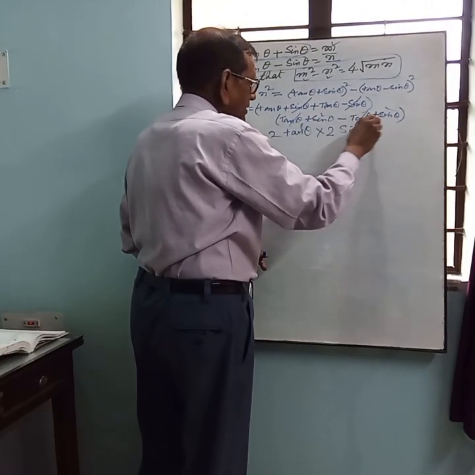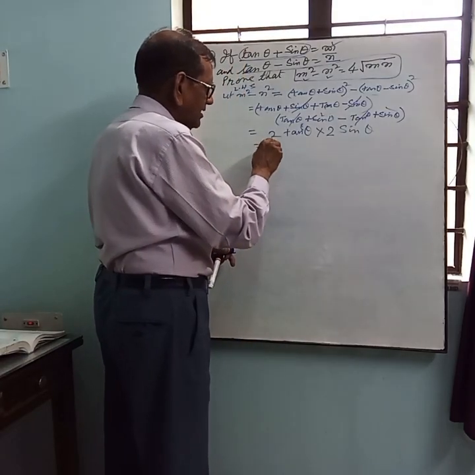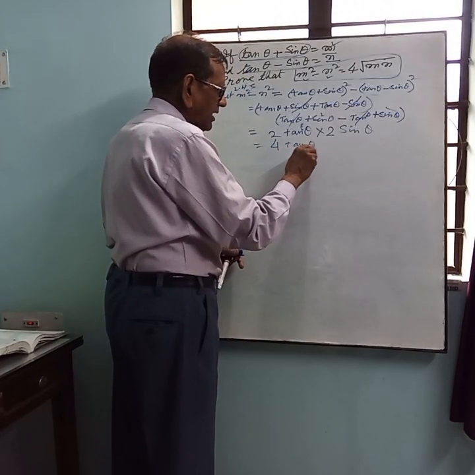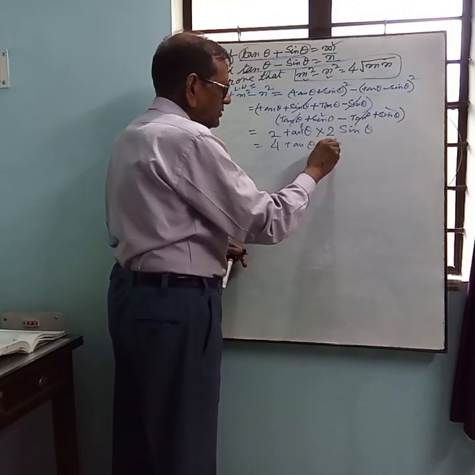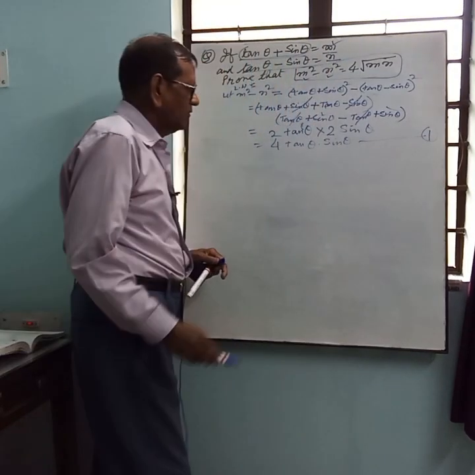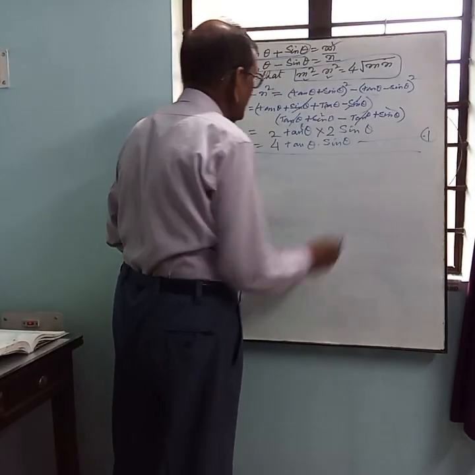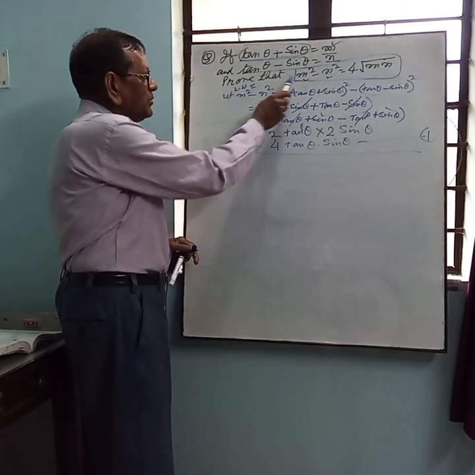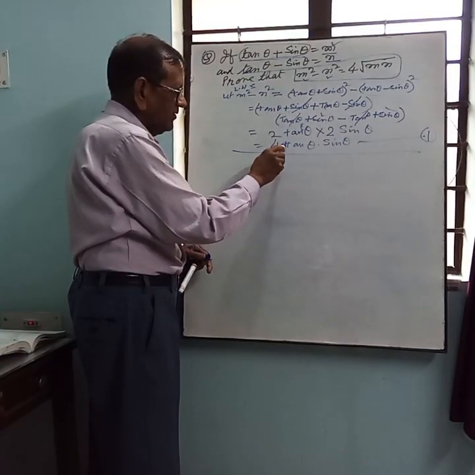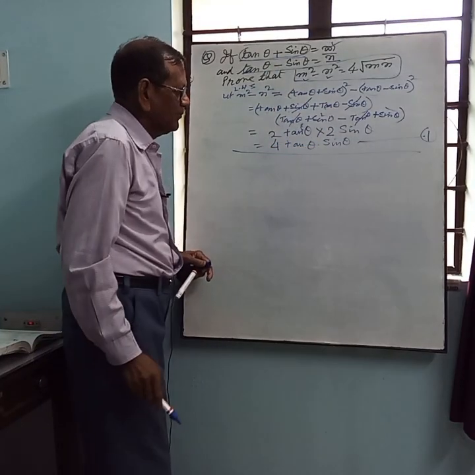Agree? Sin theta plus sin theta, 2 sin theta. And this will become 4 tan theta into sin theta. Keep it as it is, making in one equation of LHS. Understand, m square minus n square, squaring these values, we get 4 tan theta into sin theta.